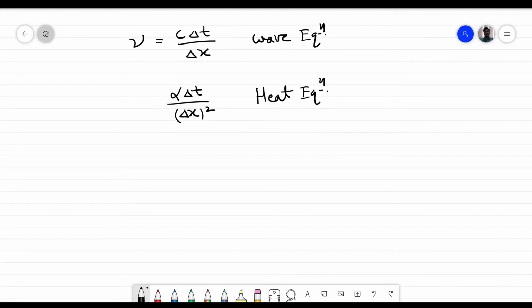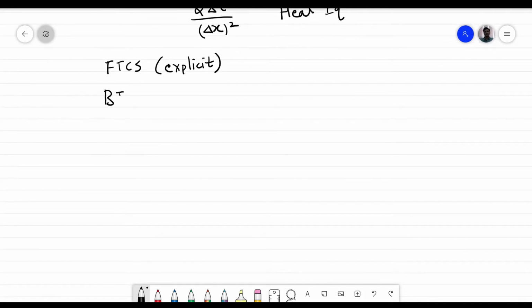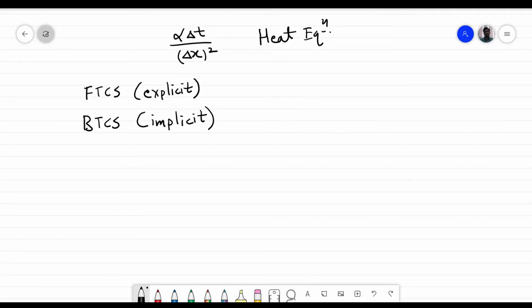for which those schemes, that is FTCS, which was explicit, and BTCS, which was implicit, or for wave equation it was upwind.